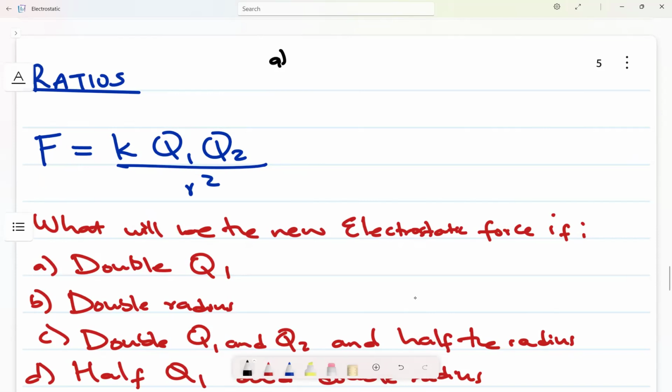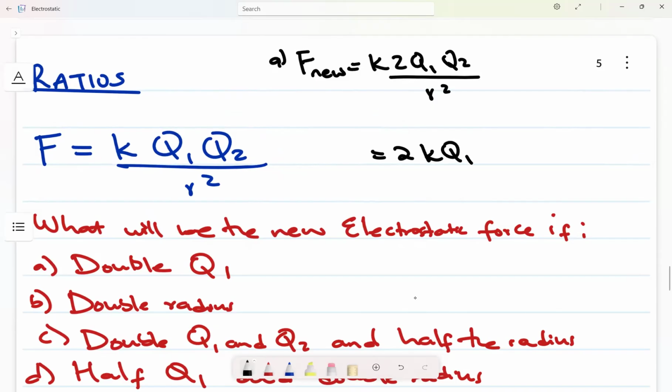If we double Q1, you agree with me, F new is going to be K times double Q1, then Q2 still the same, divided by R squared. When I take the 2 to the front, it's going to be twice K Q1 Q2 divided by R squared.